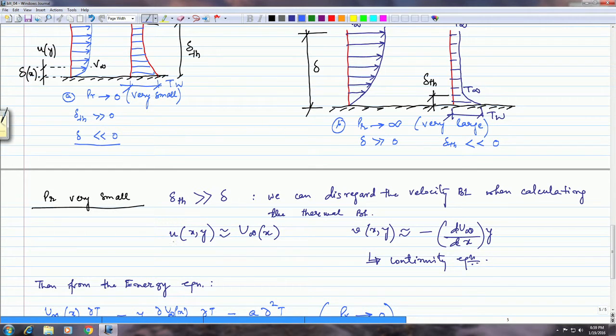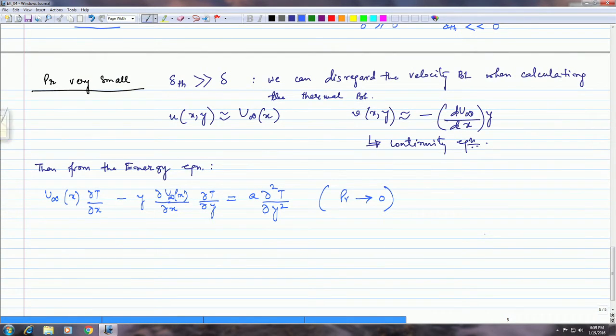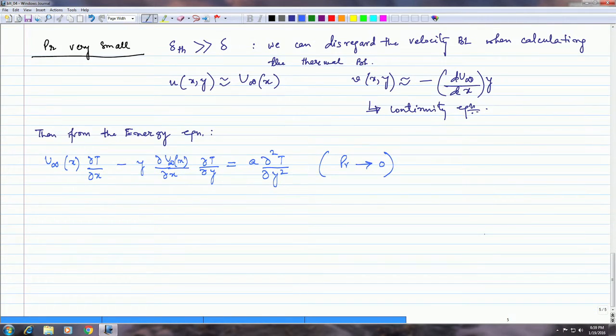So the small u is nothing but the free stream, and the v we get from continuity. We use this in the energy equation, and this is what we get. Now we will introduce a similarity variable, as we talked about earlier.